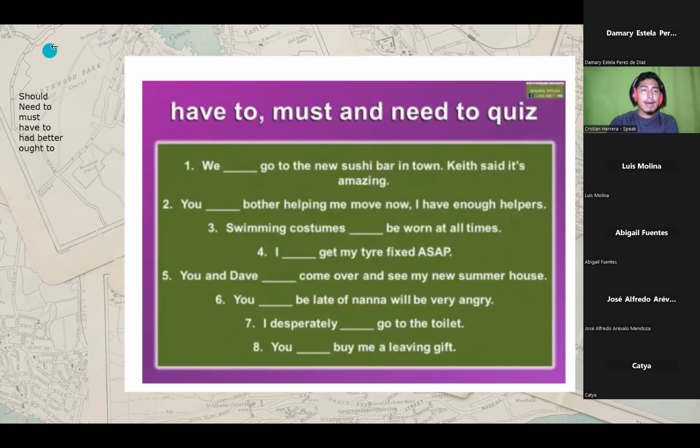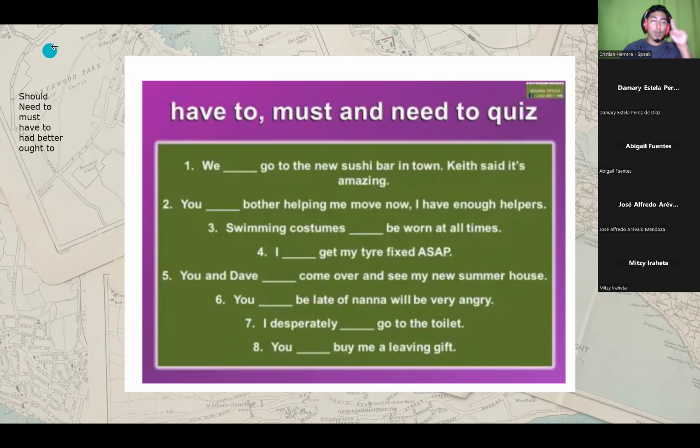We will start, everybody. I will give you right now 1 minute to read the sentences, and then you can help me with the right answers, okay? So right now, guys, take 1 minute, read the sentences, and identify the correct modal: have to, must, or need to. Okay, go ahead, everybody. 1 minute.